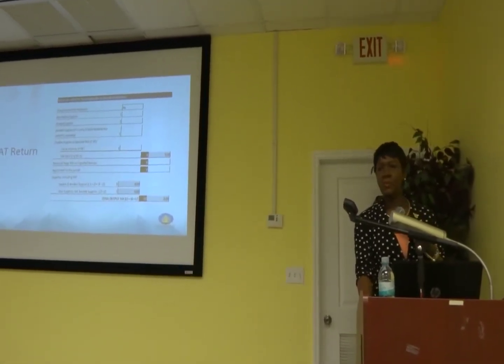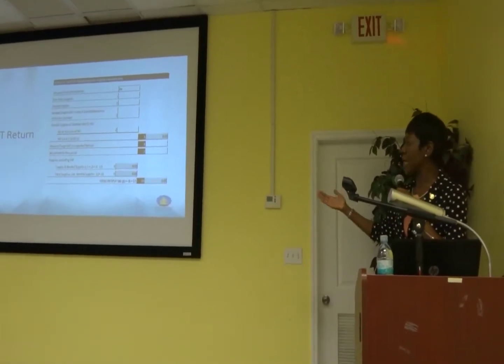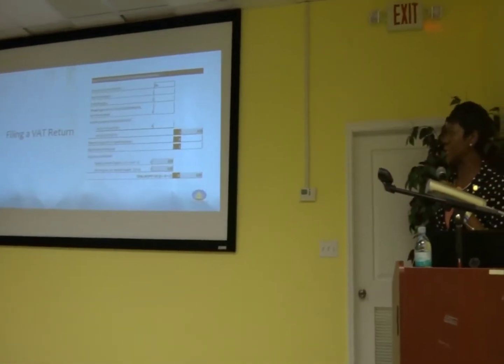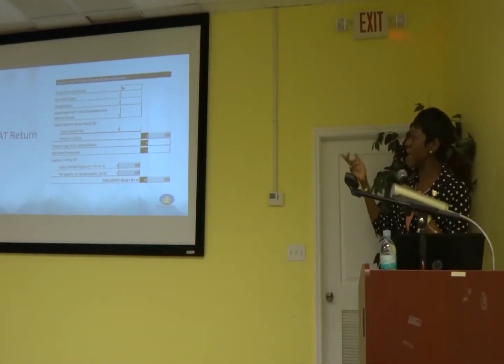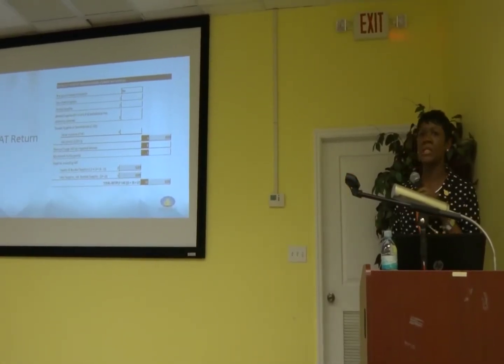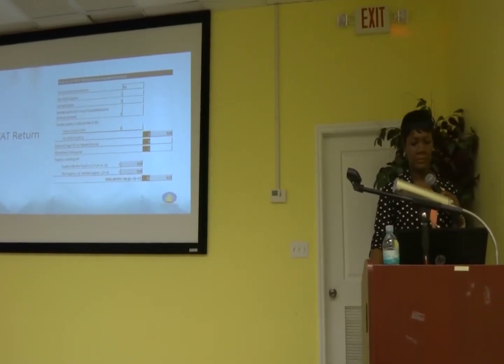And line 10 would just be the same output tax, the total output tax you would have collected, if there were no other entries, if you didn't have any exempt supplies or no other entries that would be taken into consideration on the output side.